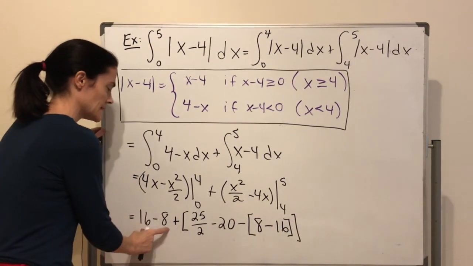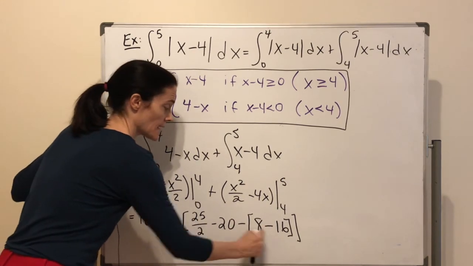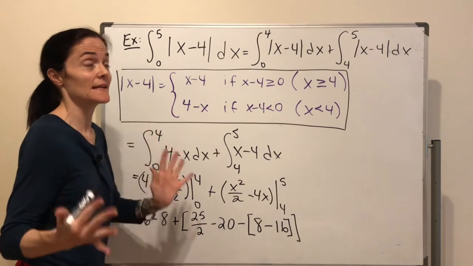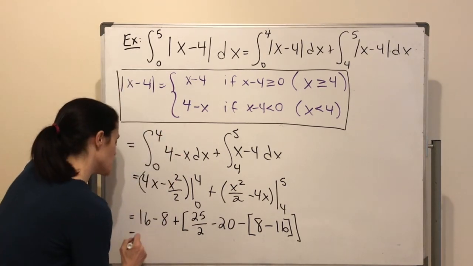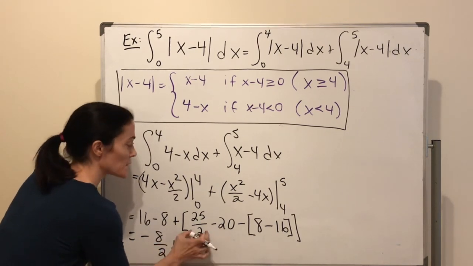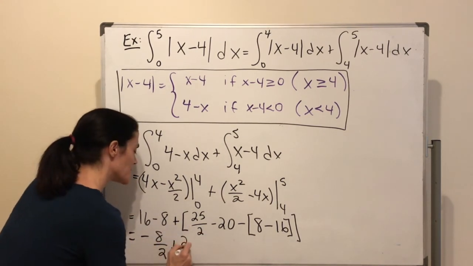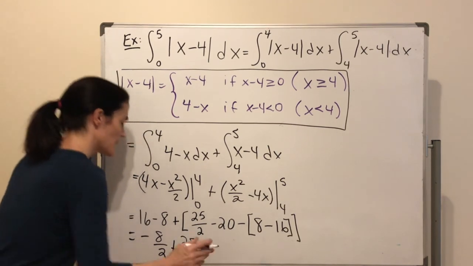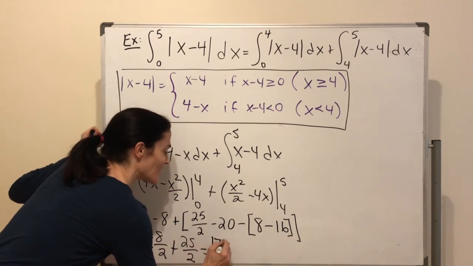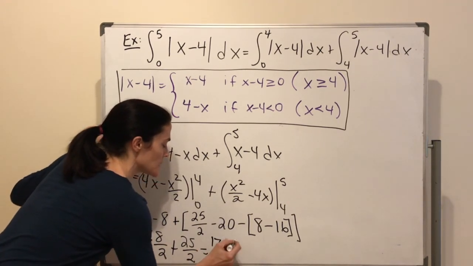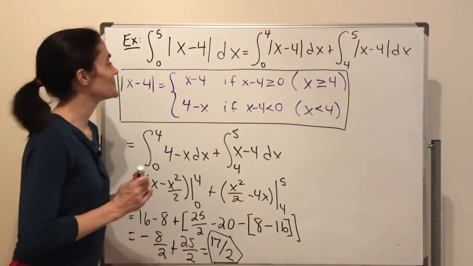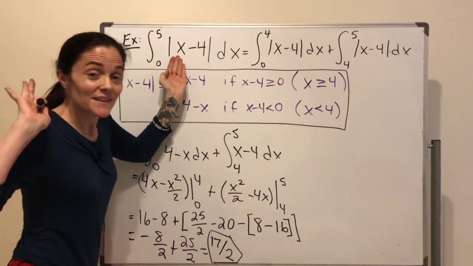This is 8 and 8. 16 minus 20 gives us negative 4, which is negative 8 over 2. And then we have this plus 25 over 2. This is 25 minus 8, or 17 over 2. Okay, so this here, 17 over 2, this is this definite integral.